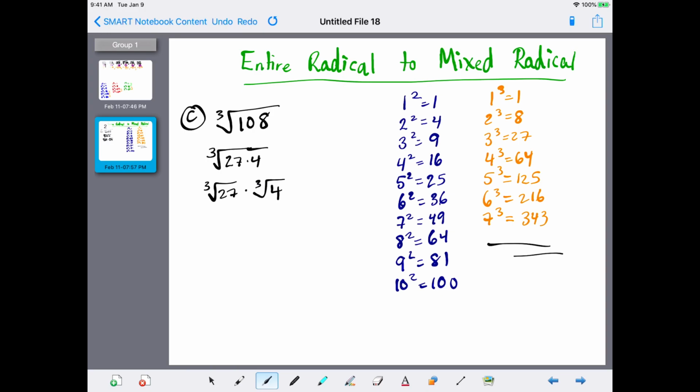The index, the cube root does not disappear until we actually take a cube root. So it will in this case for this. So the cube root of 27 is just 3, but then there's nothing we can do with the cube root of 4. So then we just leave it like that, and we have 3 multiplied by the cube root of 4, and that's our final answer.